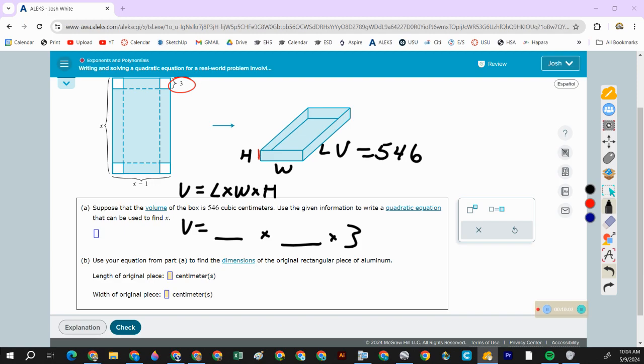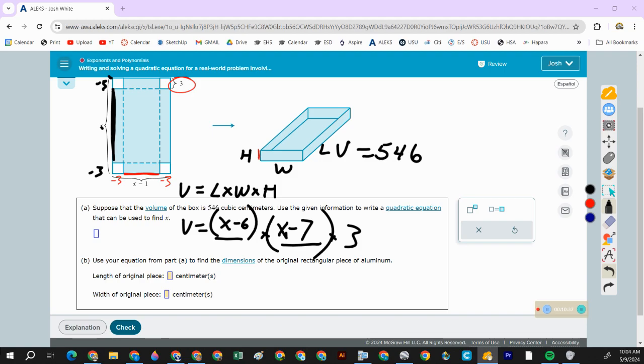The width would be this right here, so that is x minus 1 minus 3 minus 3. So the width is going to be x minus 7. And the length is going to be this, which is x minus 3 minus 3, so we get x minus 6.